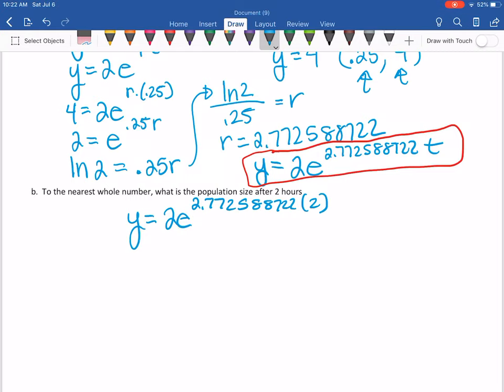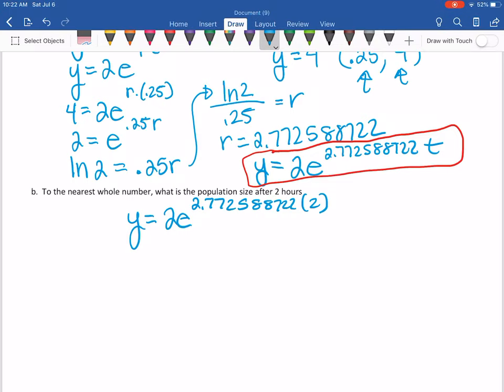So let's see, I'm going to hit second and my natural log button, and then I'm going to put in my 2.77 number, keeping all the digits, and then multiply by 2, making sure that that's all in the exponent. So when I take e to the power of 2.77, that whole long decimal, and then I multiply that by 2, that gives me 255.999.